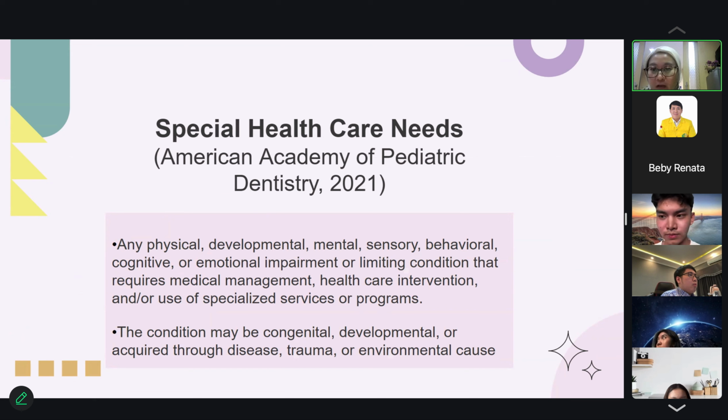Based on the AAPD, special healthcare needs are defined as any physical, developmental, mental, sensory, behavioral, cognitive, or emotional impairment or limiting condition that requires medical management, healthcare intervention, and/or use of specialized services or programs. All those conditions might be congenital, developmental, or acquired through disease, trauma, or environmental causes.